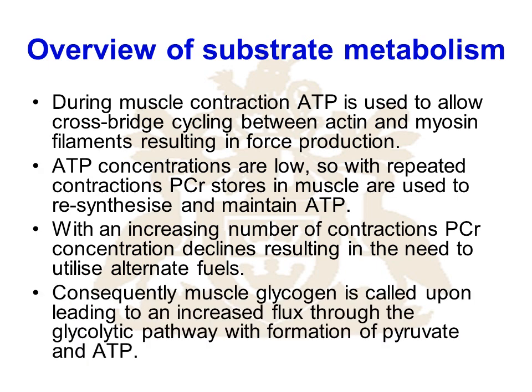So consequently what happens, in this situation which is common to every individual, is that as PCR starts to fall, muscle glycogen is called upon. And this leads to what we refer to as an increased flux through the glycolytic pathway with the formation of pyruvate and ATP. What do we mean by that then? Well, an increased flux just means that the process of glycolysis speeds up.